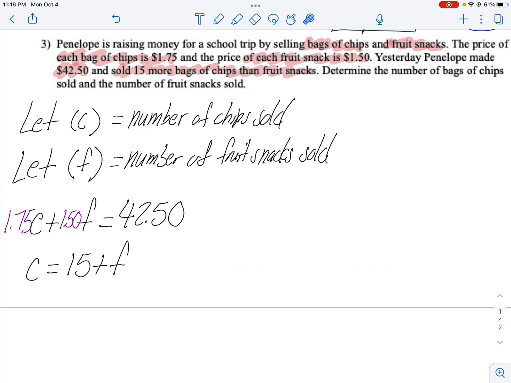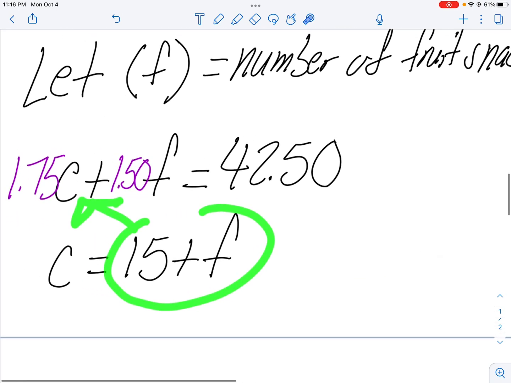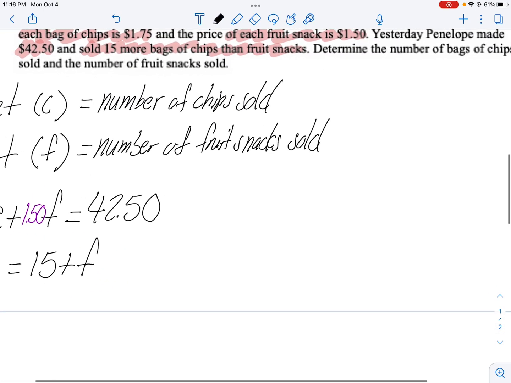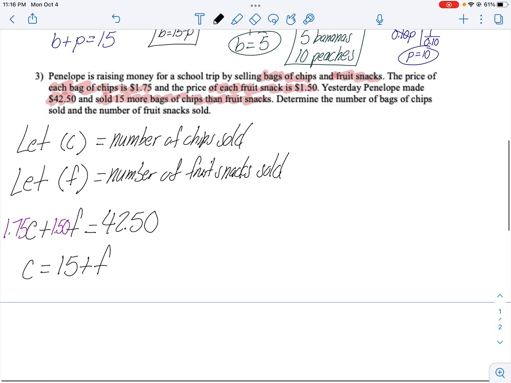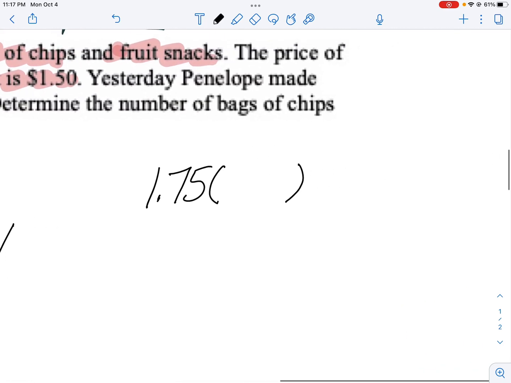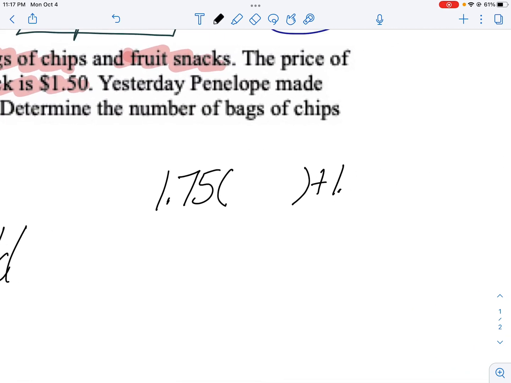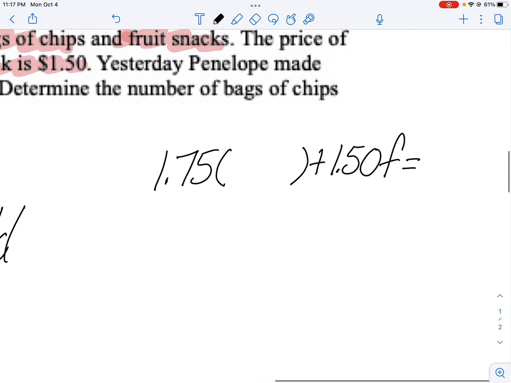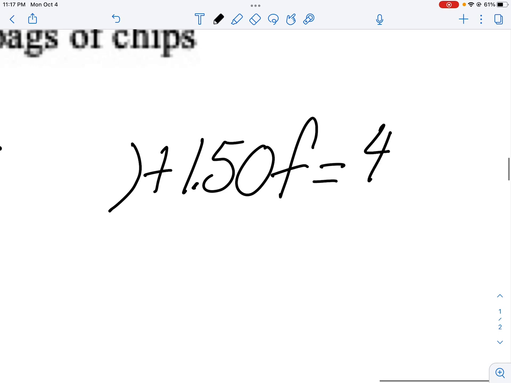So we have our setup here. Again, look, I can substitute this in for that right there. 1.75 goes into C. So let's do that. I'm going to go over here and say 1.75, parentheses like this, plus 1.50 F is equal to how much money? $42.50.